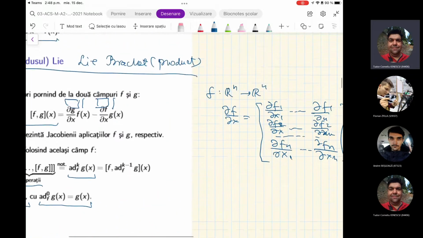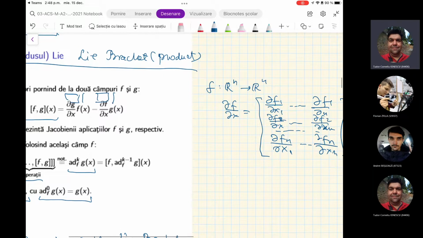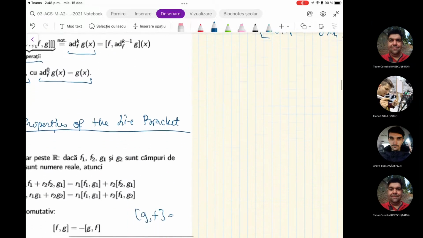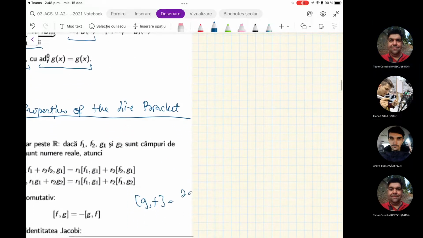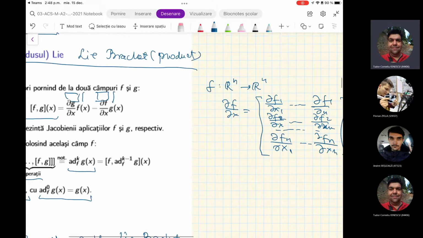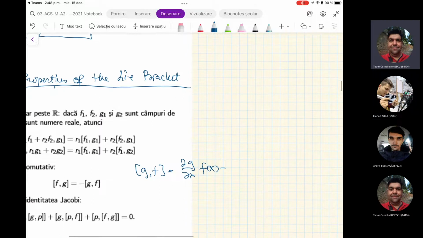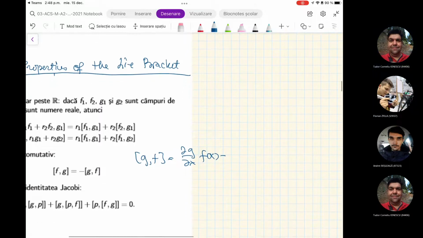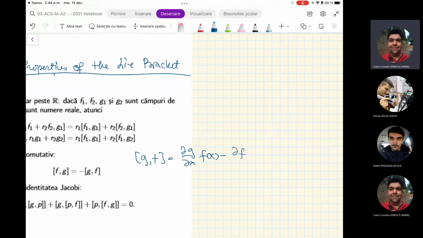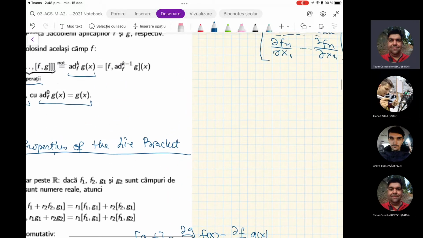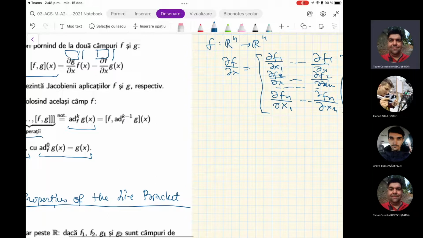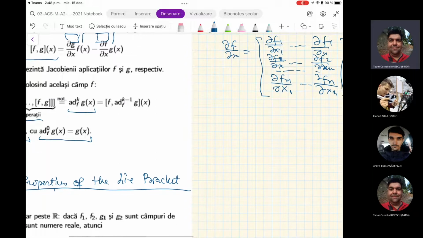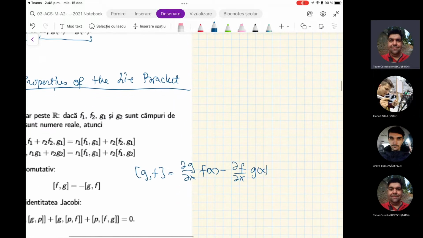Definition. It's dg dx f(x) minus df dx g(x). True? You agree? No? No. Sorry. df is the other way around.